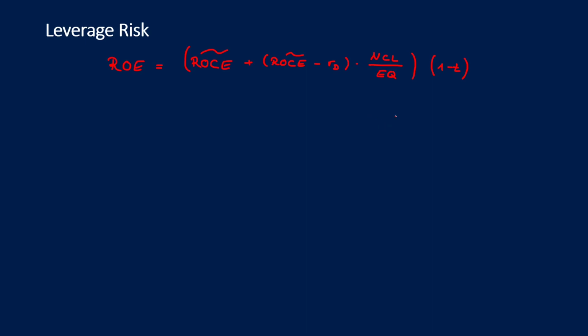I now apply the variance function on both sides. So let's take a look at the variance of the return on equity. That is equal, of course, to the variance here on our right-hand side.